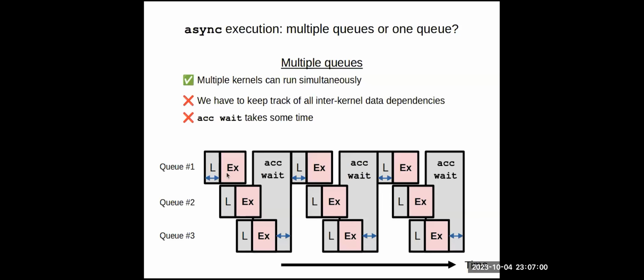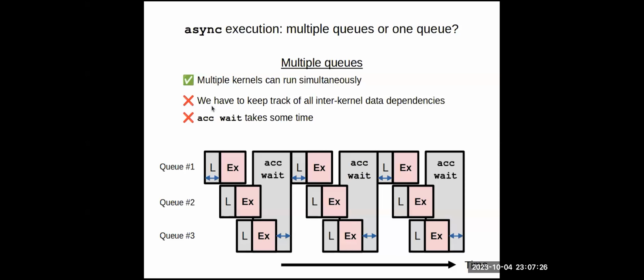So we have to divide kernels into blocks of independent kernels and do ACC wait among the blocks of the kernels. And this ACC wait and the kernel runs take some time and cancel out the performance benefit of the multiple simultaneous execution.